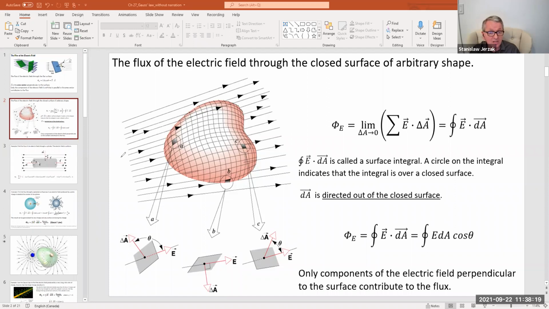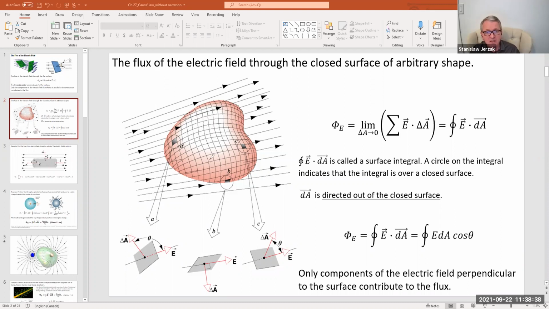And as you see, some of that electric field will enter that closed surface, and some of the electric field will leave the surface. And we will be calculating the net flux of the electric field through that closed surface.